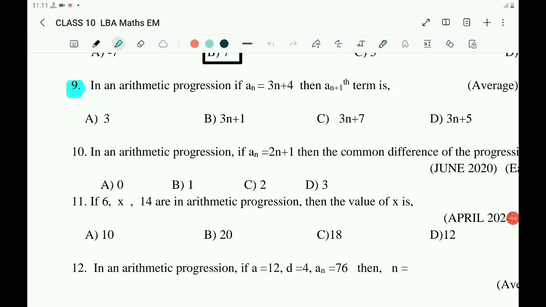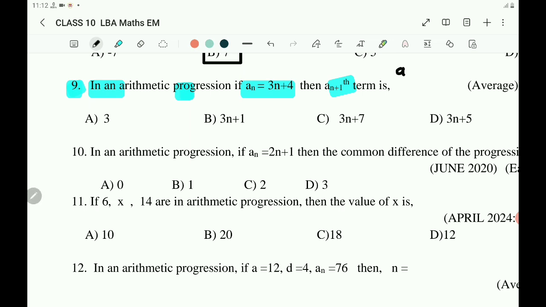Let us solve 9th question. In an arithmetic progression, an equals 3n plus 4, then find the n plus 1th term. Here an is given, we have to find out a n plus 1. nth term is given, we have to find out n plus 1th term.